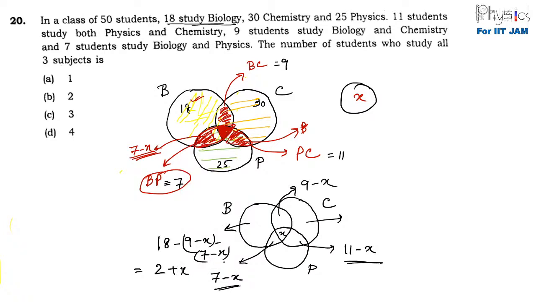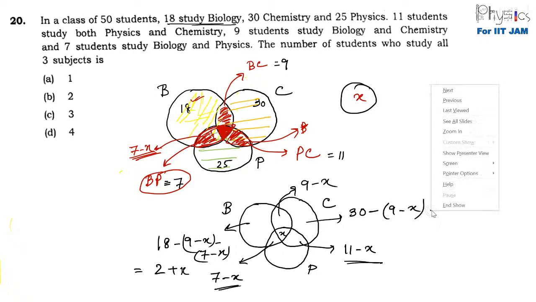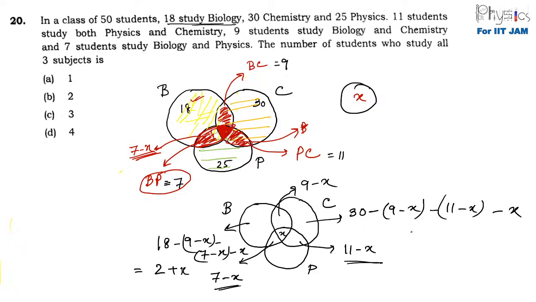This is 2 plus x, right? And this is 30 minus 9 minus x minus 11 minus x minus x. So here it was minus x. So it is 10 plus x, right?